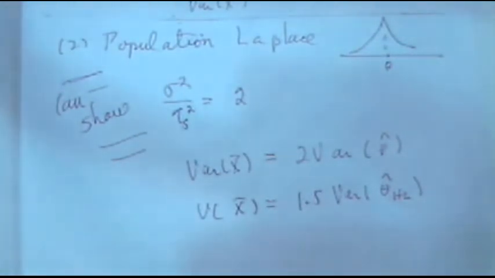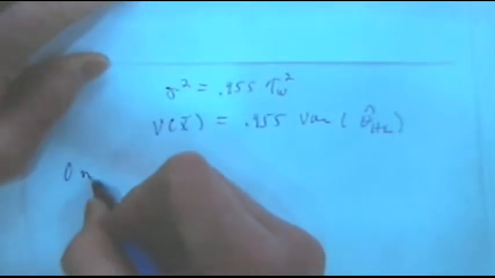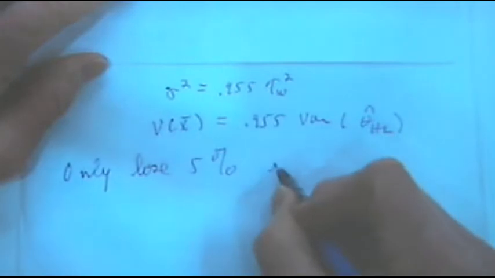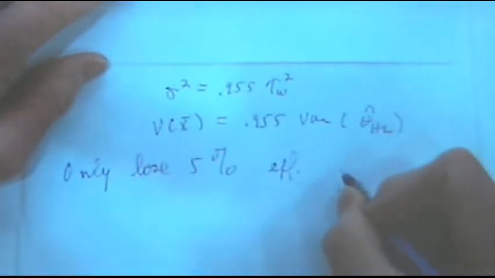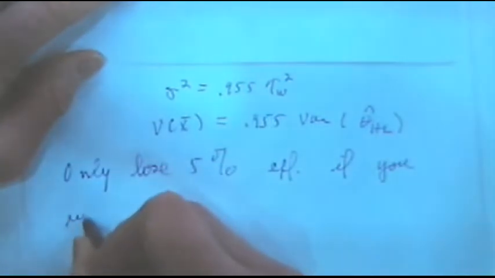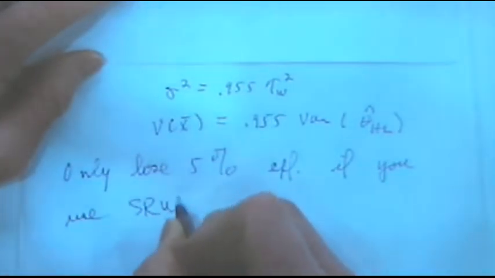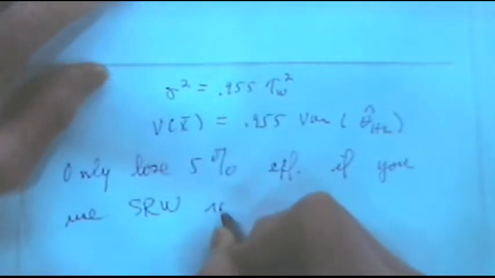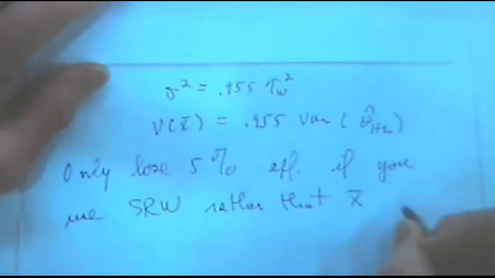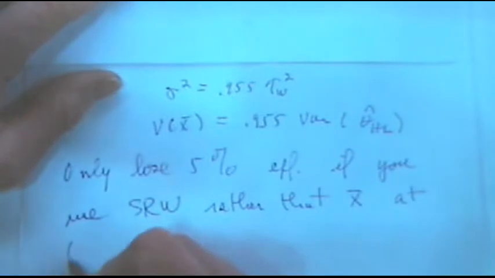Going back to the normal, the punchline is you use only 5% efficiency if you use signed rank Wilcoxon rather than x bar at the normal.